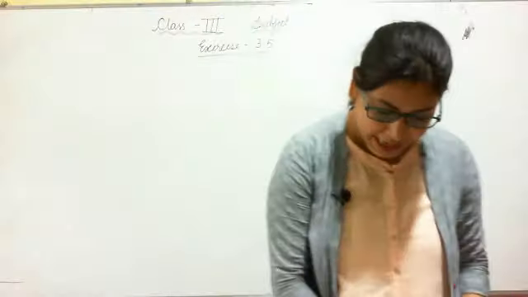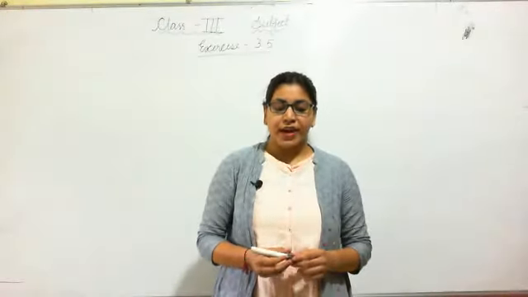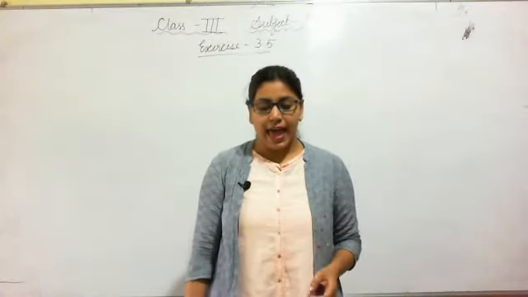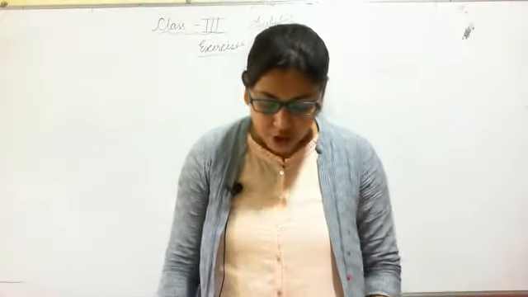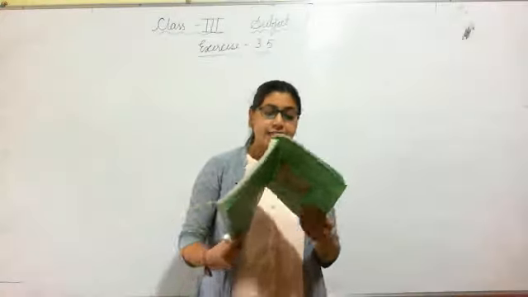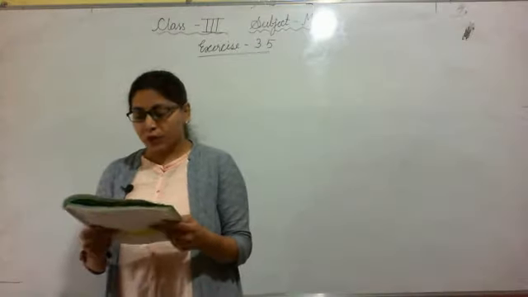Okay, let me read it now for you all. There were 125 green mangoes and 724 ripe mangoes. If a total of 462 mangoes were sold, how many mangoes were left?